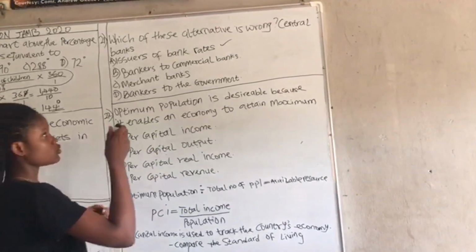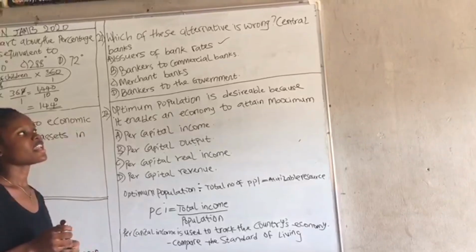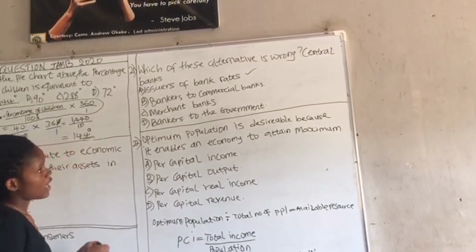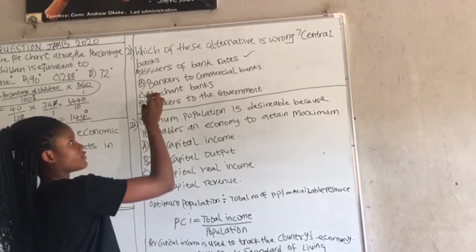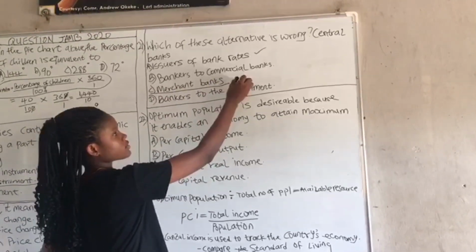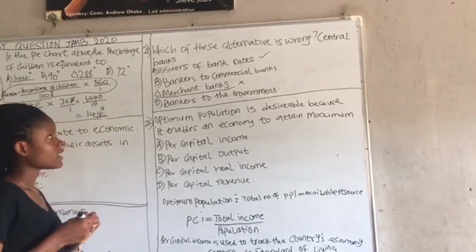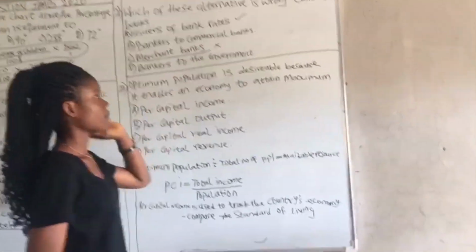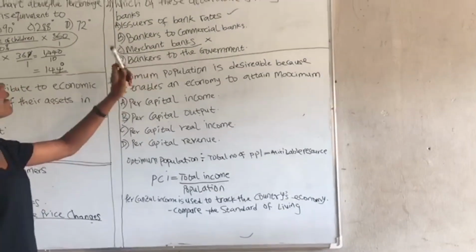So they are charged with the responsibility of financing corporate business or enterprises in the country. As you can see, this is totally different. So this one is wrong about the central bank, thereby making it our answer. Merchant bank is different from commercial bank and from central bank, making it our answer.